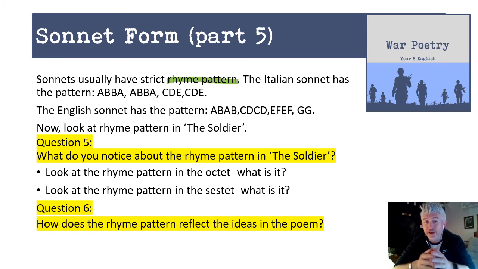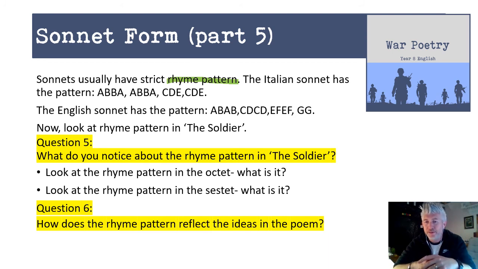So basically, I just want you to label the octet pattern and the sestet pattern. Write down the A, B, whatever the patterns are, as your answer to question 5 for the 14 lines of the poem. But make sure it's clear where the octet and where the sestet are. Then move on to question 6.